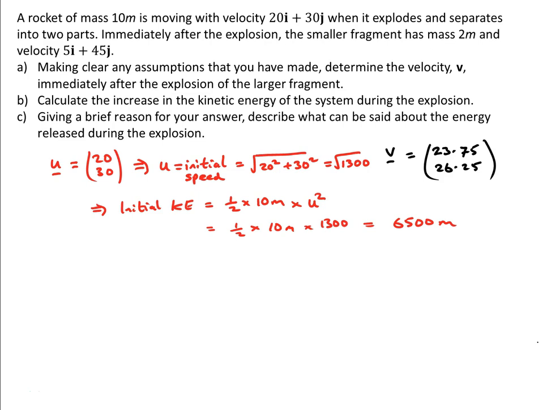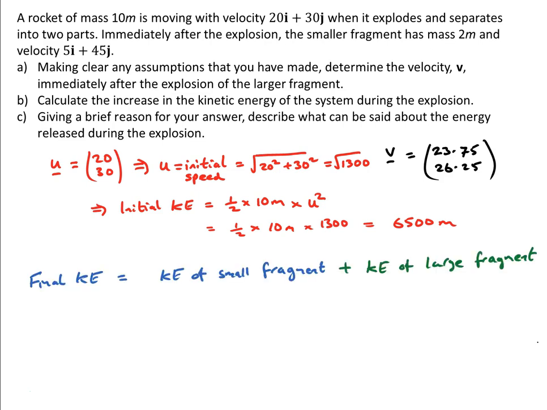The kinetic energy immediately after the explosion is going to be the kinetic energy of the small fragment plus the kinetic energy of the large fragment. The kinetic energy of the small fragment is going to be a half times 2m, that's the mass of the small fragment, times the speed of the small fragment after the explosion squared.